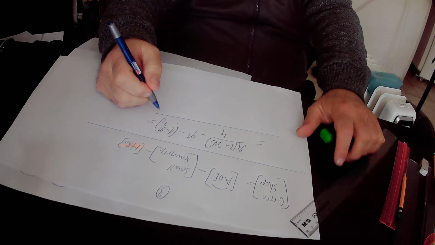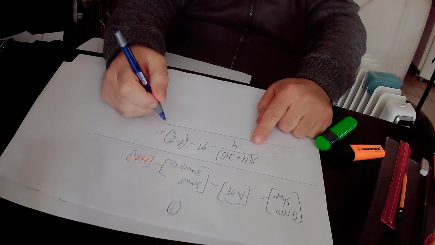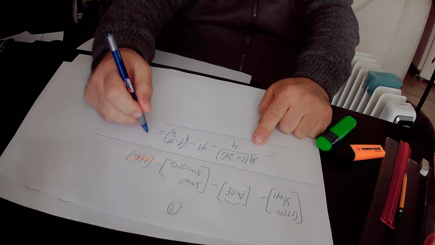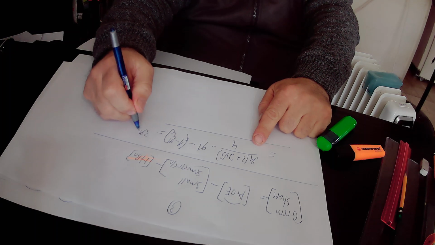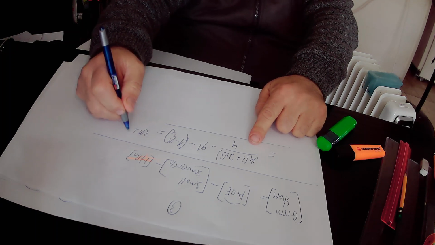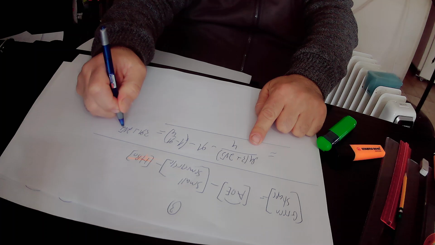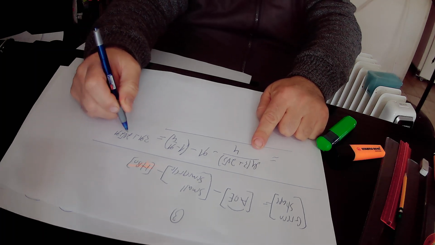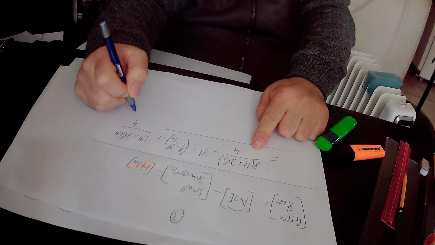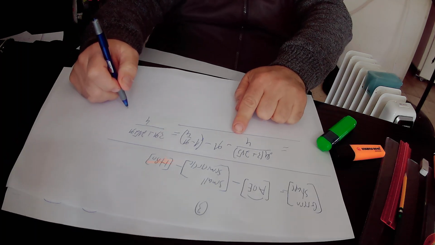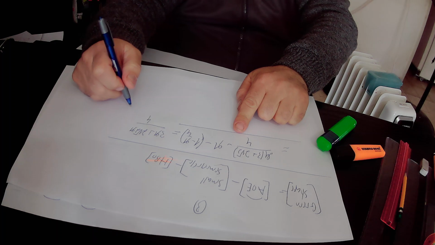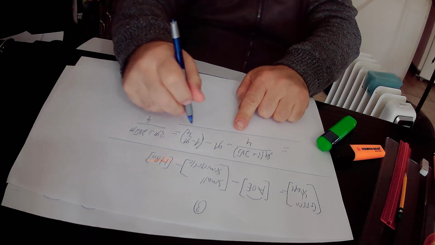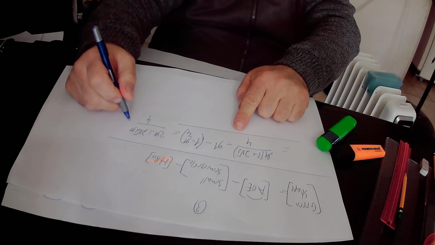So here we open the brackets and we get here 3 times pi is 3 pi plus 2 times square root of 2 times pi, divided by 4, minus pi.